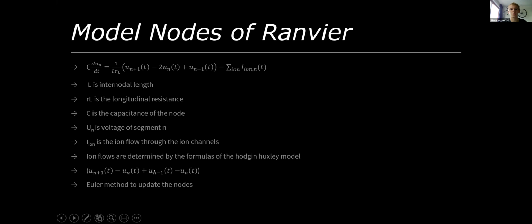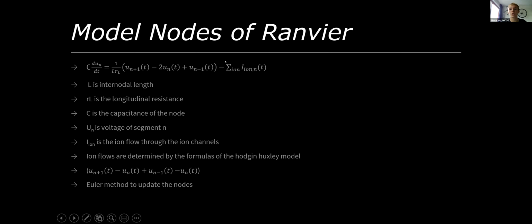The same goes for this one. If the voltage of the previous node is larger than the voltage of the current node, then current goes from the previous node to the current node. Also the other way around. If the voltage of the current node is higher than the next node or the previous node, then the voltage decreases because current propagates from the current node to the next node or the previous node.